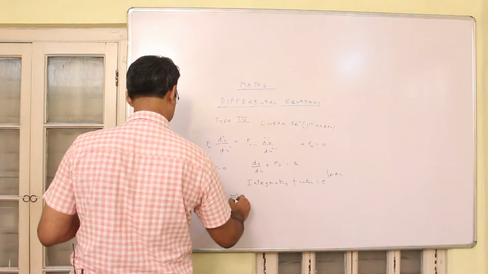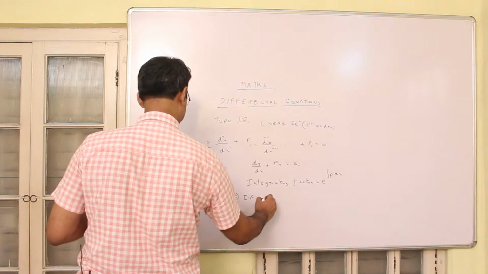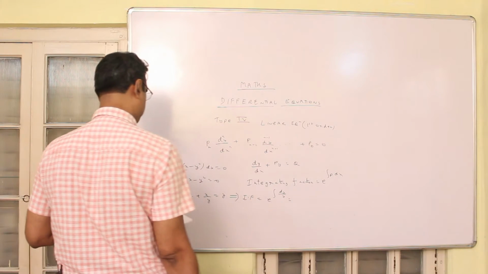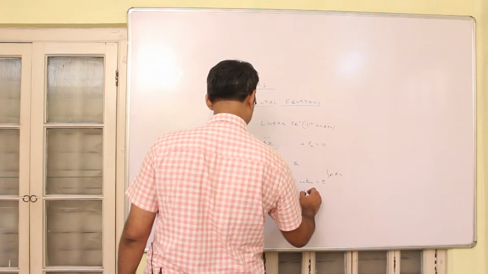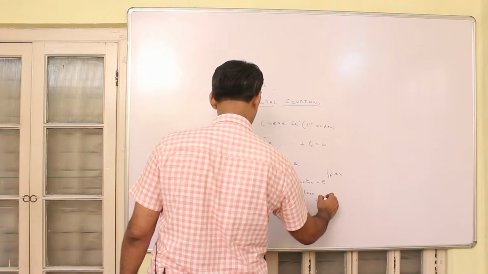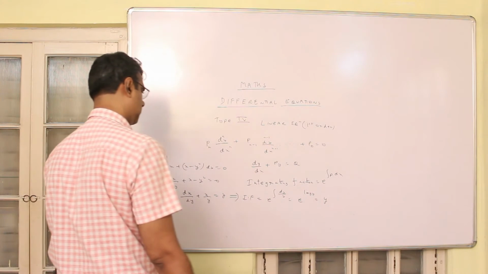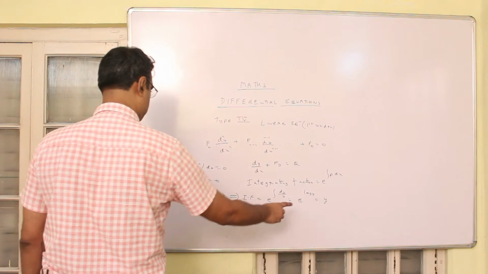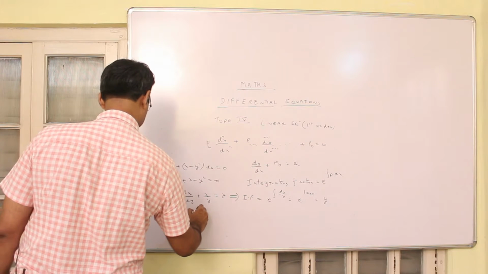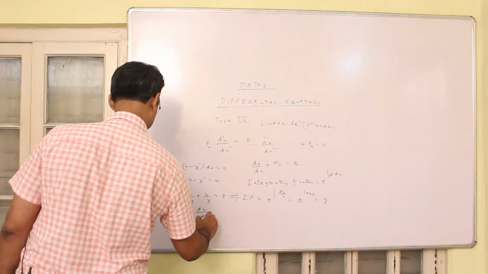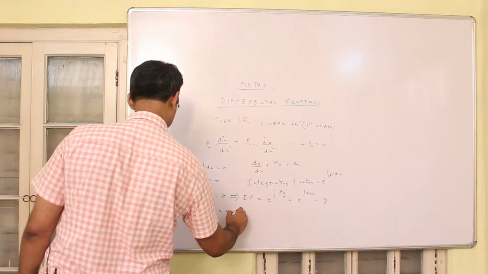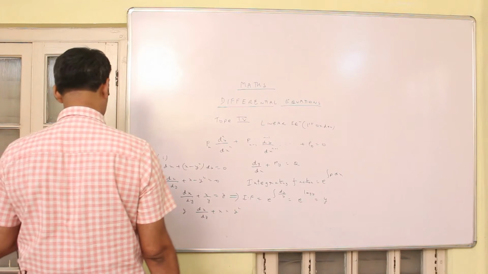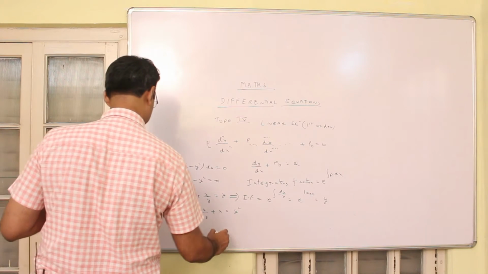Now for this equation, the integrating factor is e to the power integral dy by y. So that is coming e to the power log y, that is equal to y. Now if that is the integrating factor, what you have to first do is multiply both sides with y. So y dx by dy plus x is equal to y square.